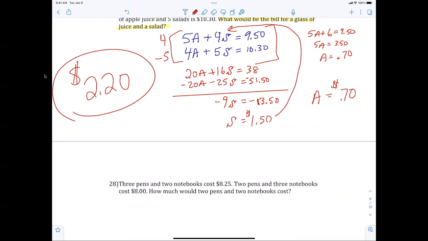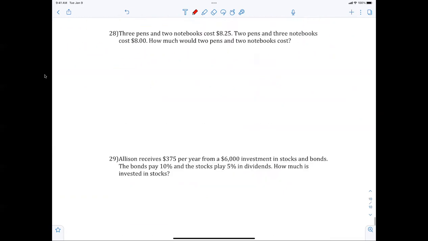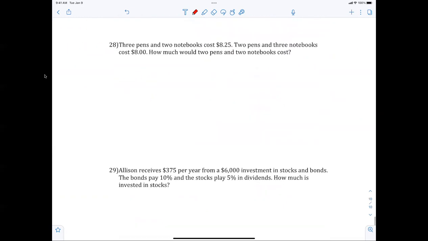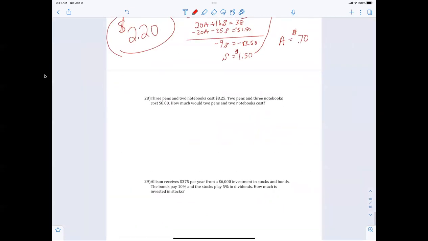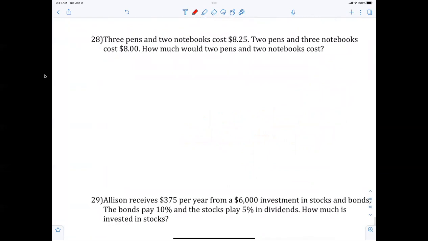All right. Now 28. Chop chop. Let's get 28 done, please. Can we just average this?